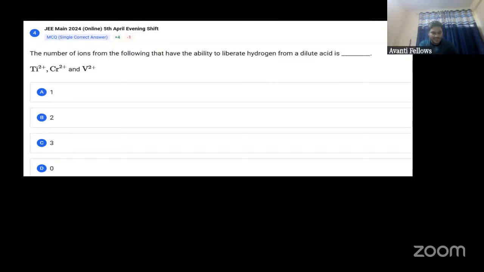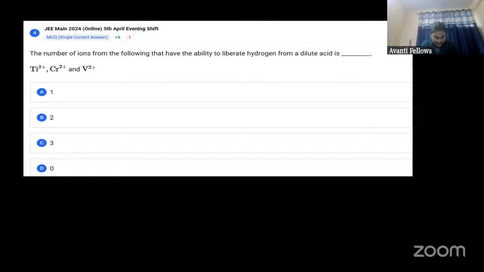How many ions basically have the ability to liberate hydrogen from the dilute acid? It's a simple question. If you have to displace hydrogen, obviously this question belongs to the reactivity series, right? If they are much more reactive than hydrogen, then only they are able to displace hydrogen.